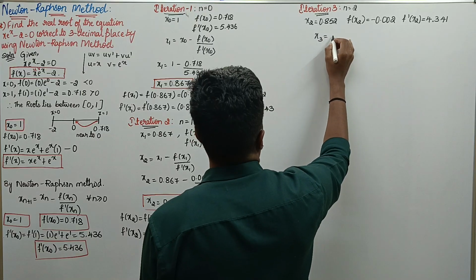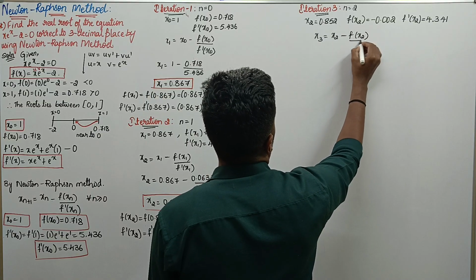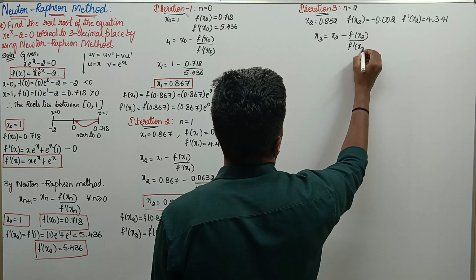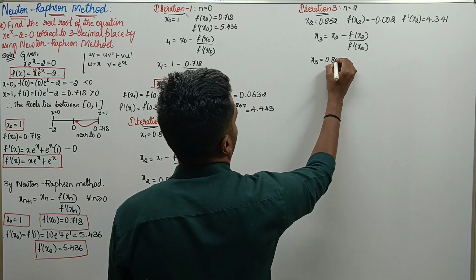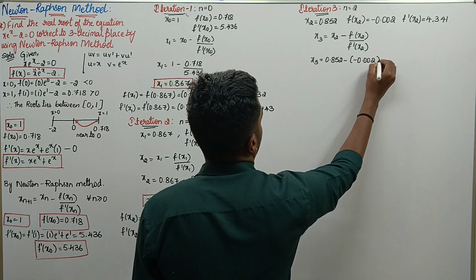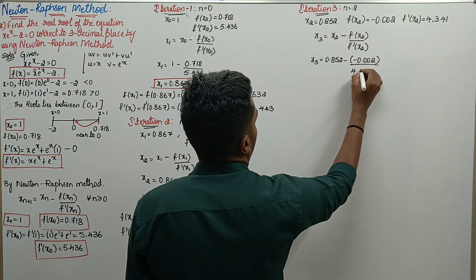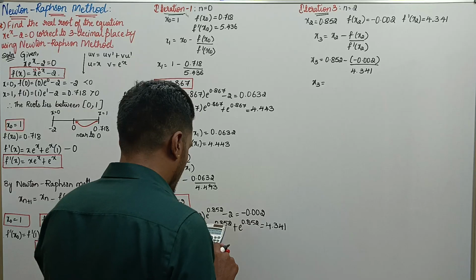Now let us go with the next condition in the third iteration, that is x3, which is equal to x2 minus f of x2 whole divided by f dash of x2. If you simplify, x3 is equal to 0.852 minus of minus 0.002 whole divided by 4.341.